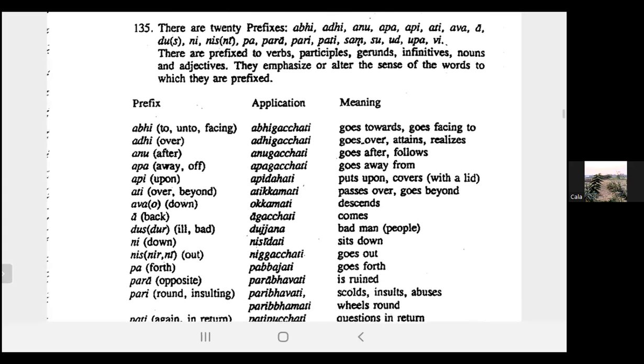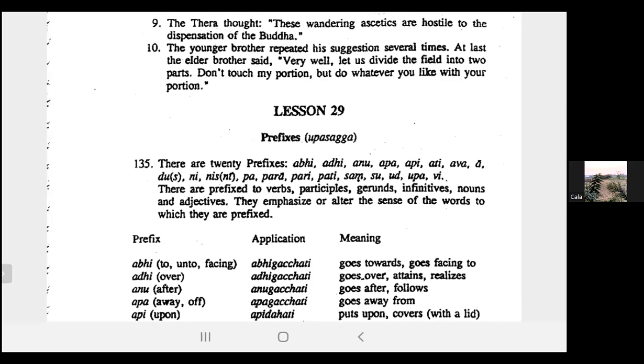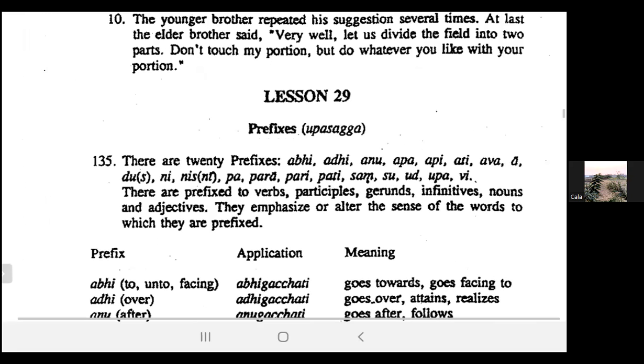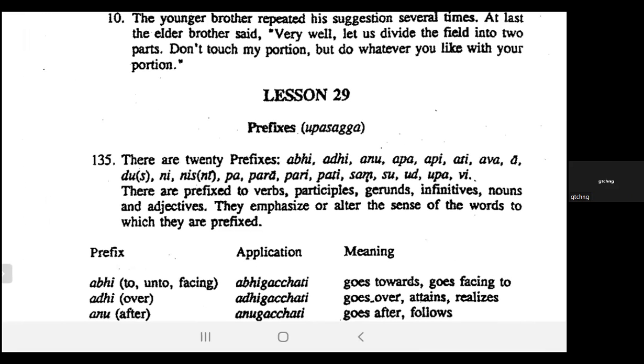Let's read together the text 135. Can you see prefixes, upasagga, 135? Let's read together. There are 20 prefixes.